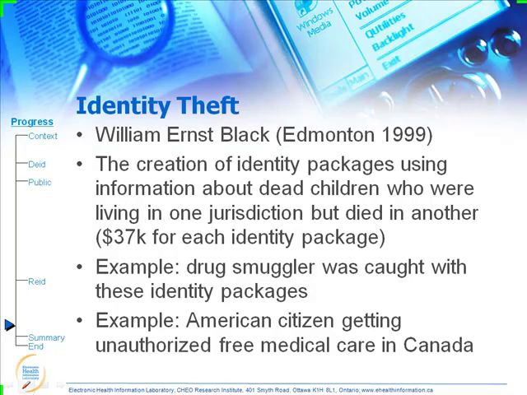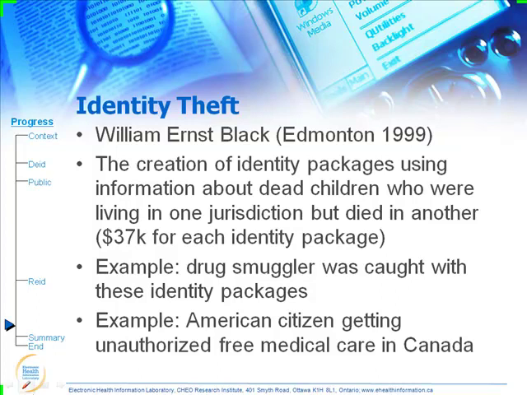Because the provinces don't exchange information about deaths, it was possible to go to the province of birth and get a birth certificate when the child had died in a different province, and then create a full set of identity documents, including health insurance cards, driver's licenses, passports, etc., and he was selling them for $37,000 each.